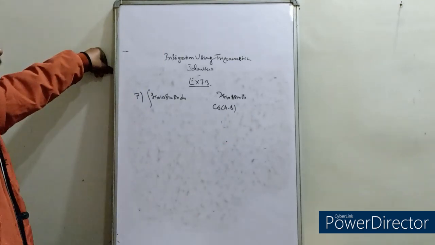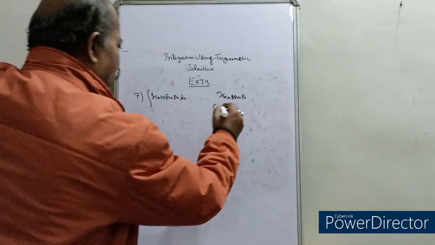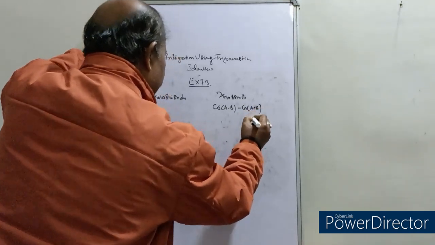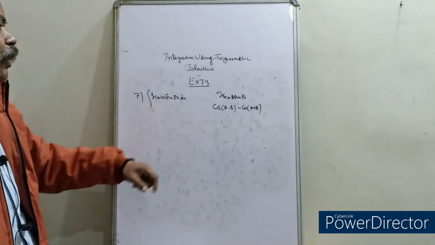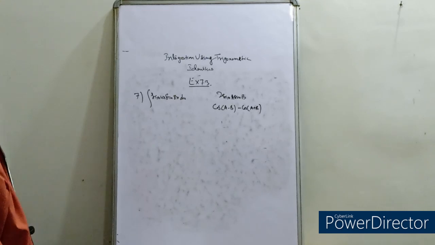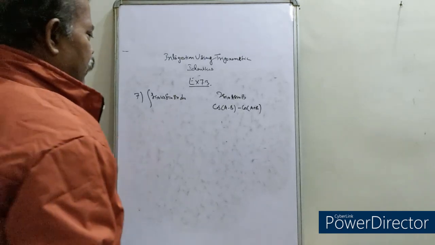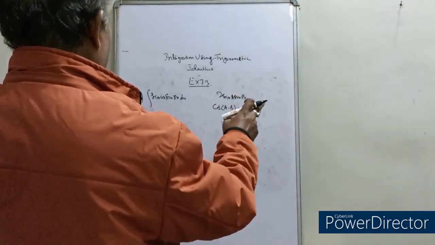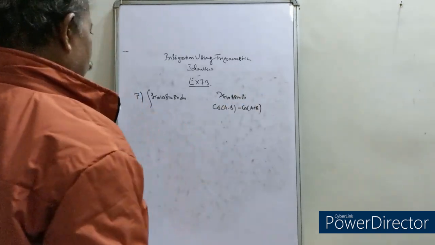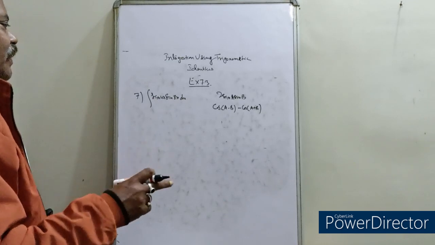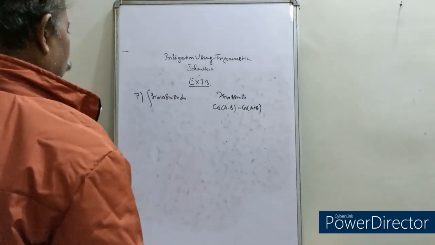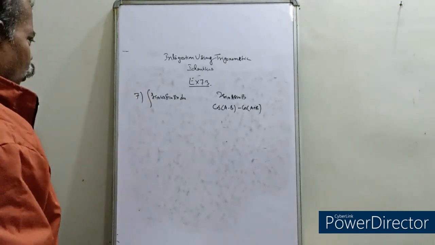Cos A minus B minus cos A plus B. Here you are going to get cos A cos B plus sin A sin B, and here cos A cos B minus sin A sin B. So when the minus enters, your cos A cos B minus sin A sin B becomes plus sin A sin B. So ultimately you are going to get this answer. So I am going to use this formula.